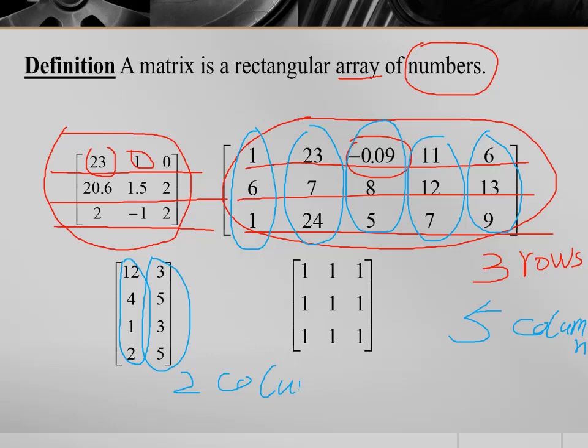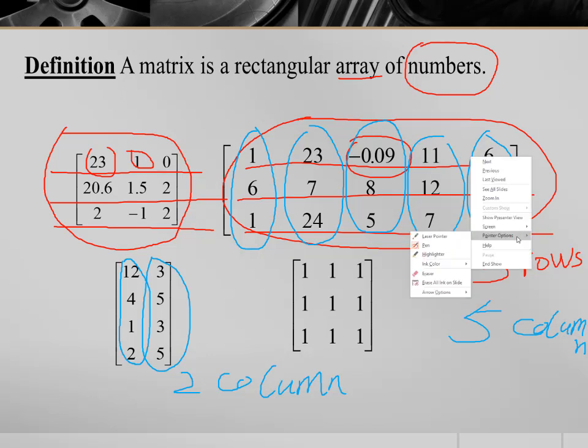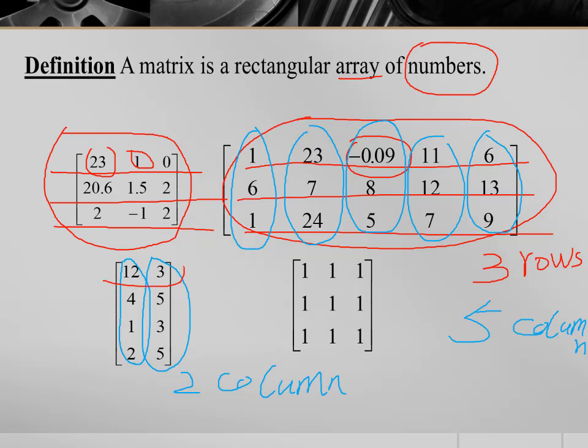How many rows? Let me change back to red. First row, second row, third row, and fourth row. That's 4 rows. That means this is a 4 row 2 column matrix.